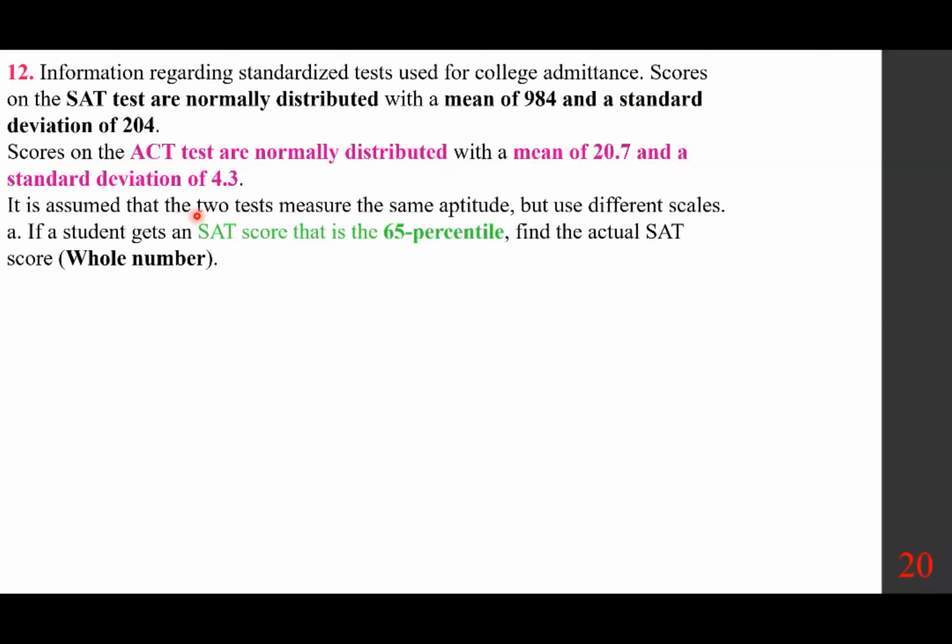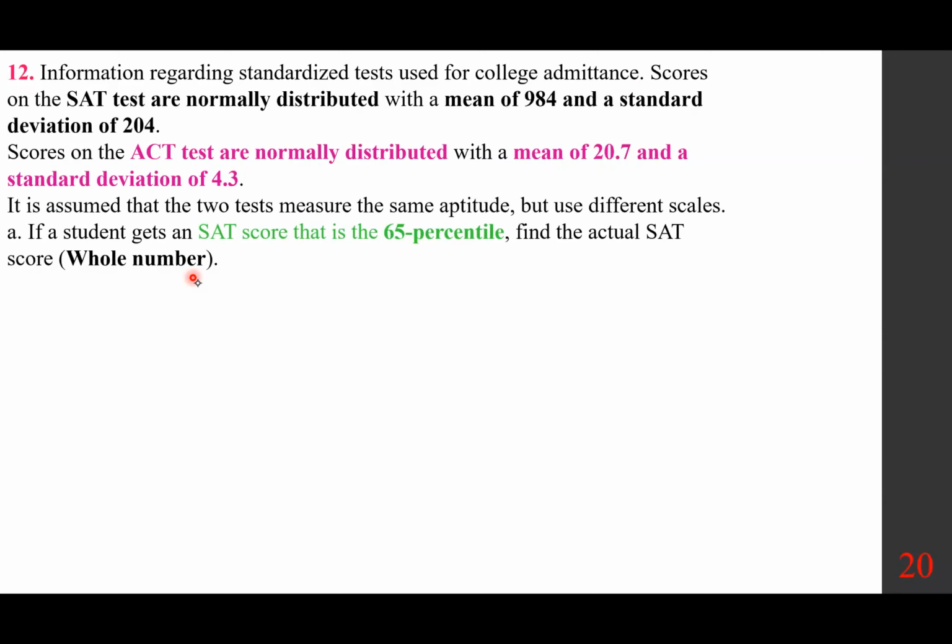It is assumed that the two tests measure the same aptitude, but use different scales. If a student gets an SAT score that is the 65th percentile. Find the actual SAT score, the whole number. Thank you so much. They want us to round it accordingly.